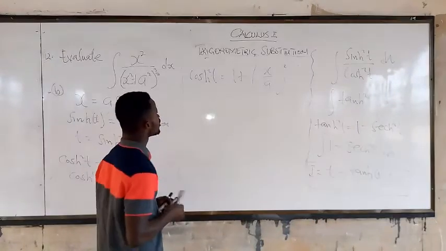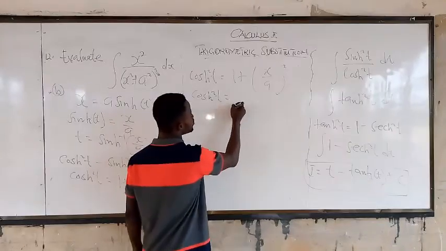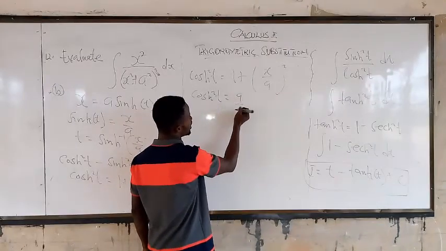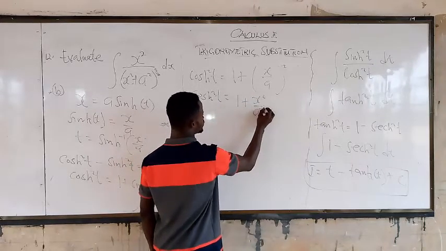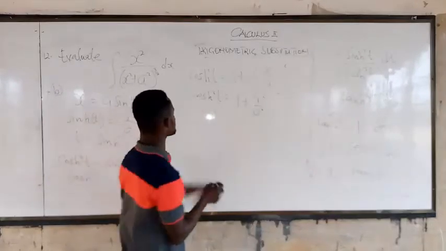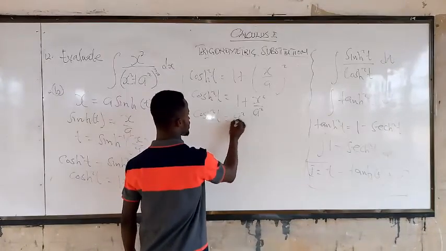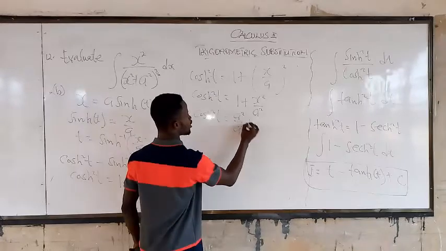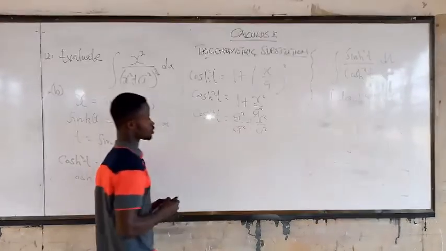So here, we are going to get cos square t is equal to 1 plus s squared over what? A squared. To maintain the same denominator, cos square t is equal to a squared over a squared plus s squared over a squared.